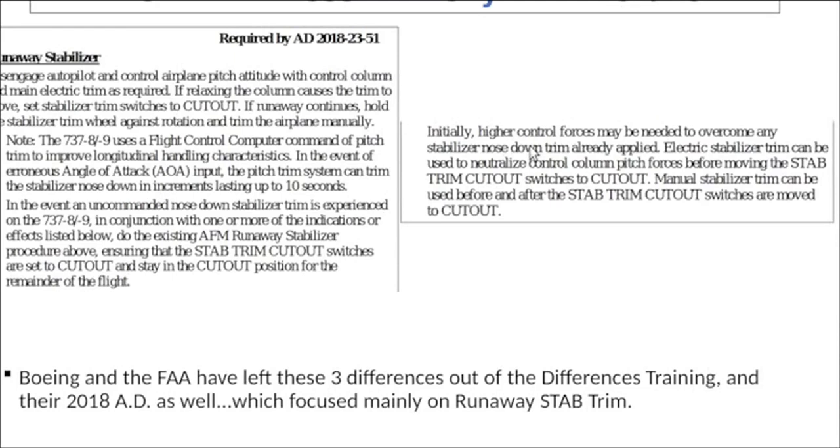They found in the testing that if both pilots pulled back on their yokes on the control column, they could save the day a little bit, but one pilot was not able to do that using only the elevator, so the stabilizer won. So it seems like this would have been a good place to mention some of these differences between the prior versions of the 737 and the MAX.